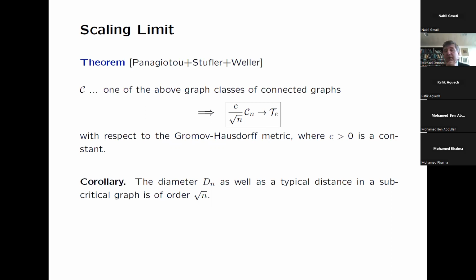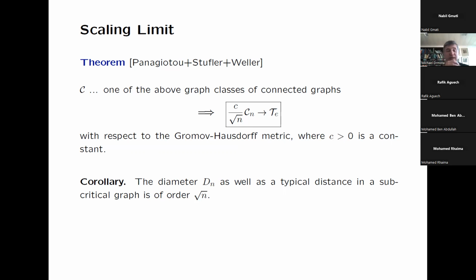And we can define on these random metric spaces a proper notion of convergence. And in this proper notion of convergence, it turns out that these scaled versions of graphs are approximated by, or tend in this sense to, this continuum random tree. So if you look at these graphs from long distance, say, then they all look the same.